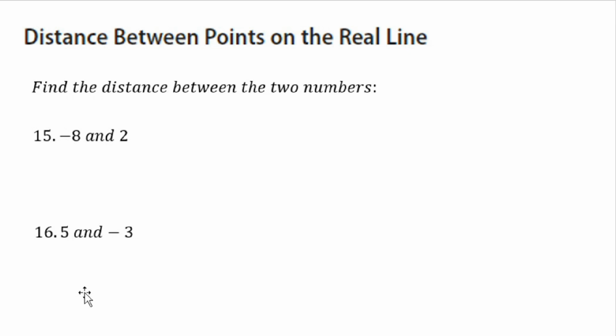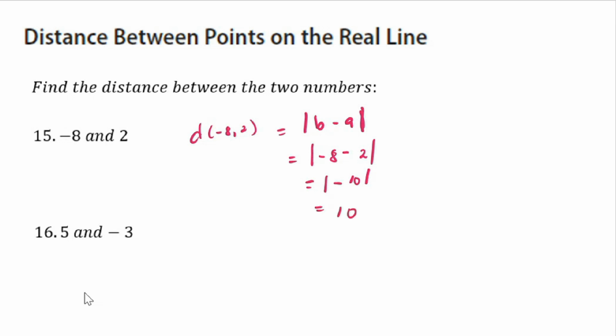Using the formula, we have d of negative 8 and 2. The answer will be the absolute value of B minus A, where B here is negative 8 and A is 2. Therefore, we have negative 8 minus 2. The answer will be the absolute value of negative 10, and the absolute value of negative 10 is just 10.